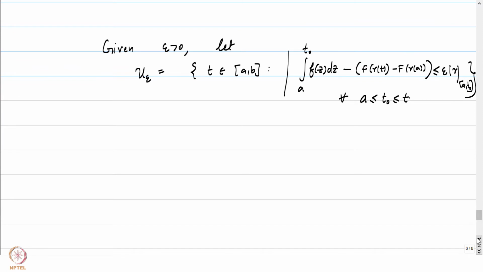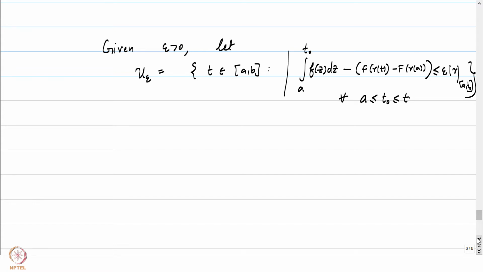We will prove that the set U epsilon is both open and closed at the same time, and since a belongs to U epsilon, it is non-empty as well, and by invoking the connectedness of the closed interval [a,b], we will be able to conclude that U epsilon is equal to the entire closed set [a,b].